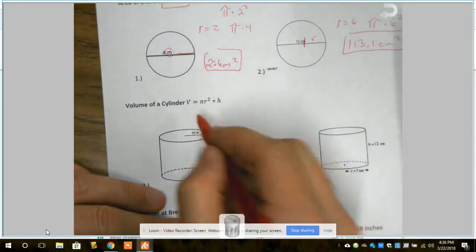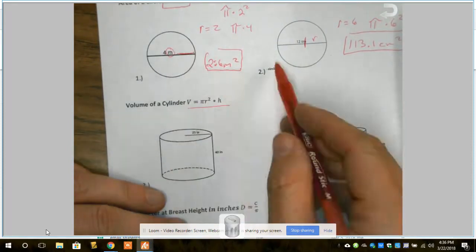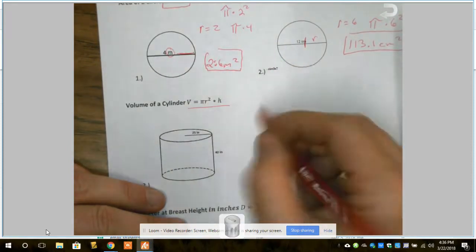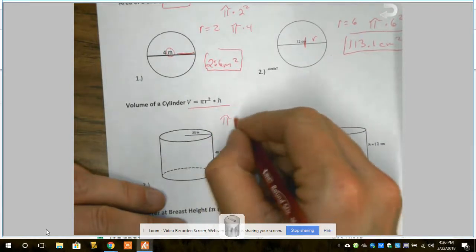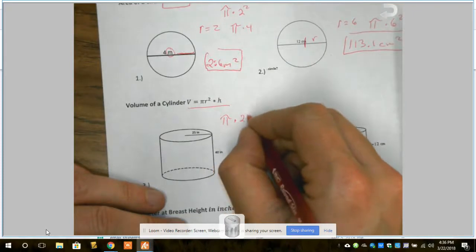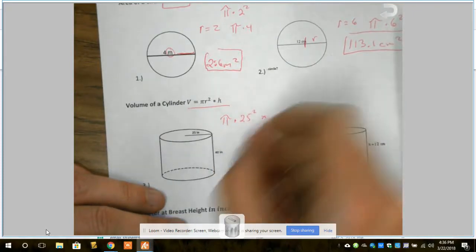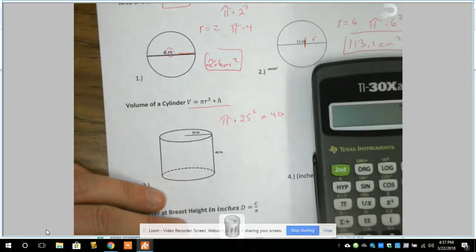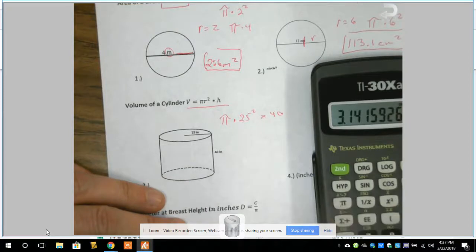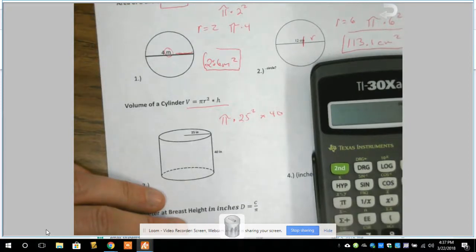Okay, so this one, you're doing essentially the same thing as up here, pi r squared, times the height. So in this case, it's pi times 25 squared times 40. I do 25 squared times pi times 40 equals.